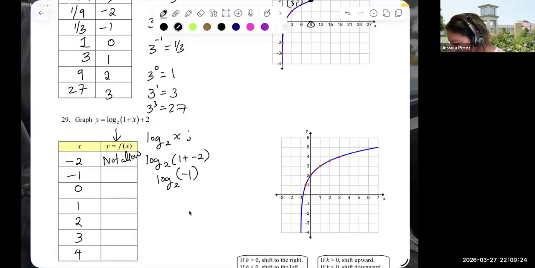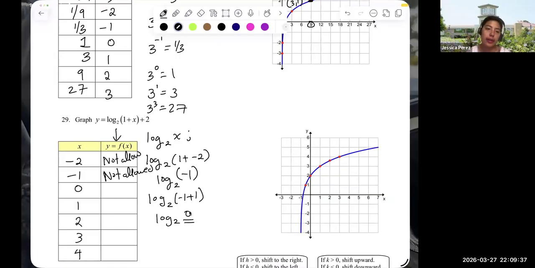And then -1: log base 2 of -1 plus 1 is log base 2 of 0, which is also not allowed. So the domain of a log, the inside should always be greater than 0.